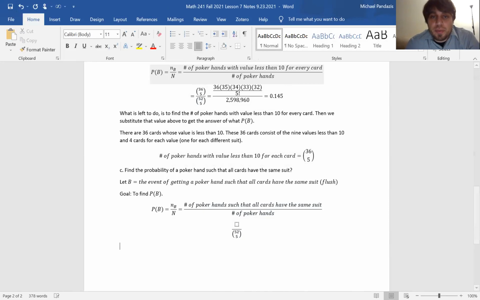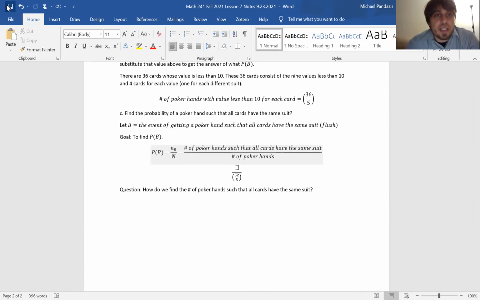So the question now is, how do we find the number of poker hands such that all cards have the same suit? Let's think of a process in which we can get any such poker hand.